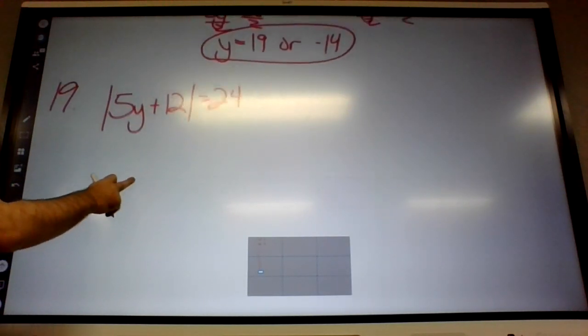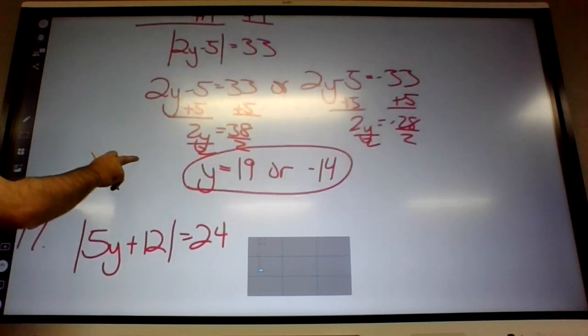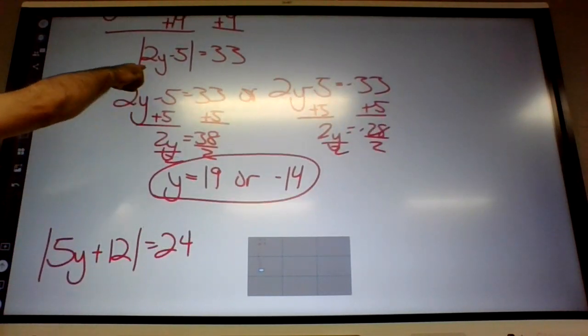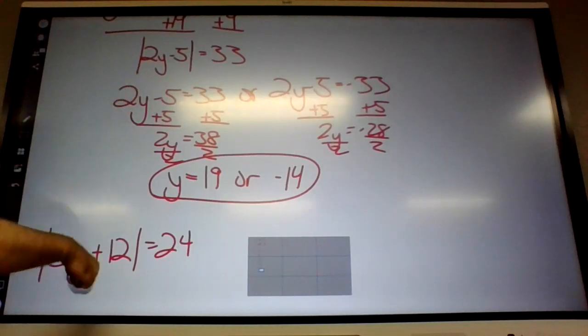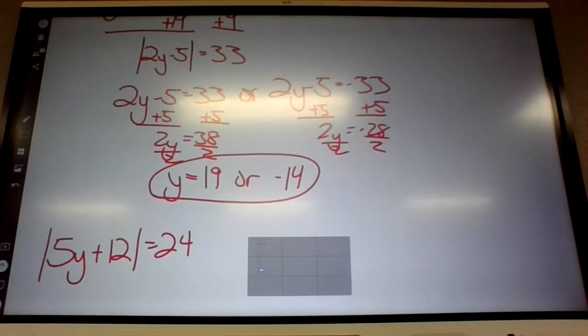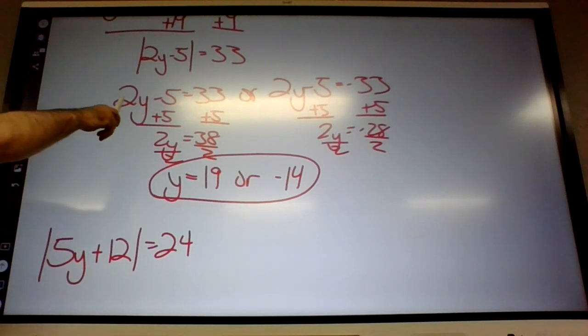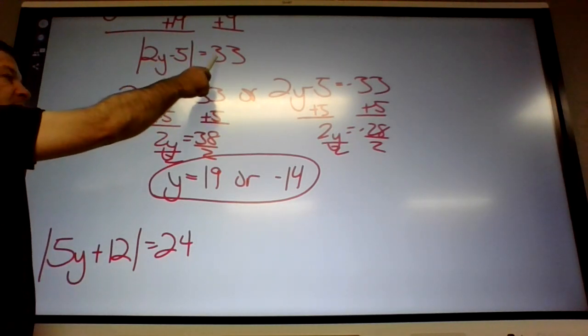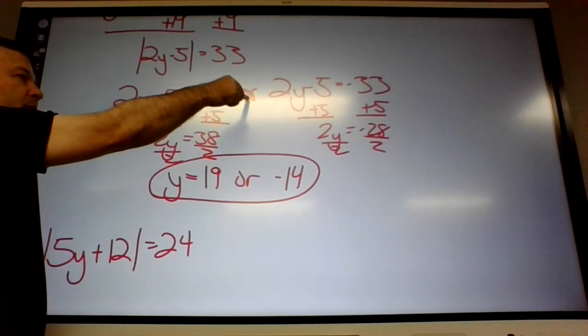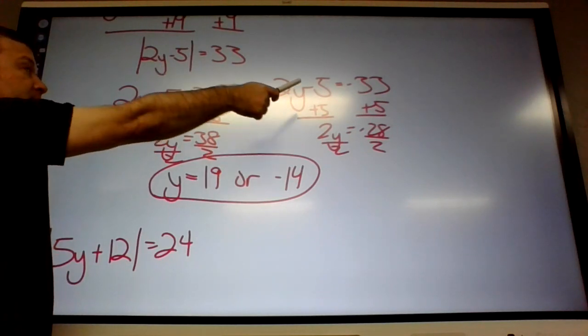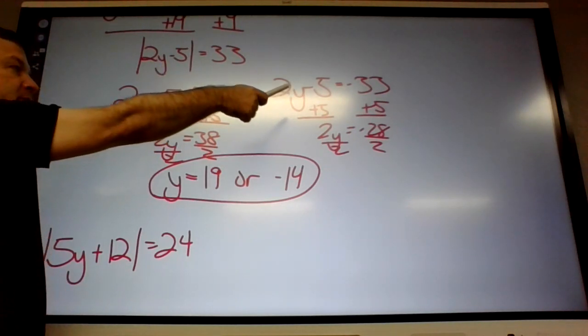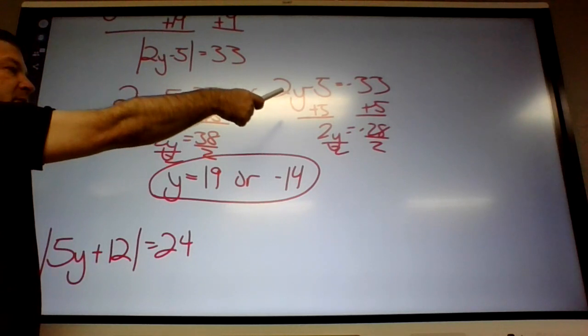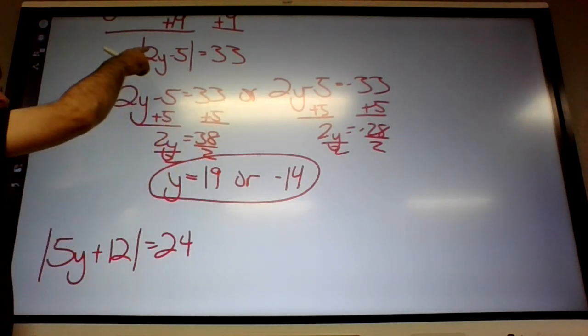Divided by 5. No. Okay, go back and look at the last one. Once we got to this point, what do we do? I wrote 2y minus 5 equals 33, or 2y minus 5 equals negative 33. Got it? See the pattern?